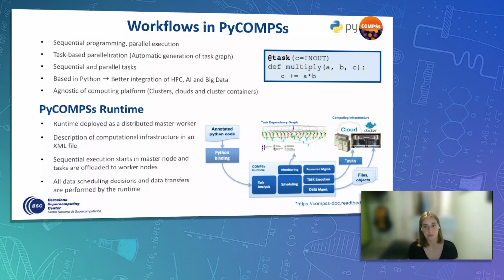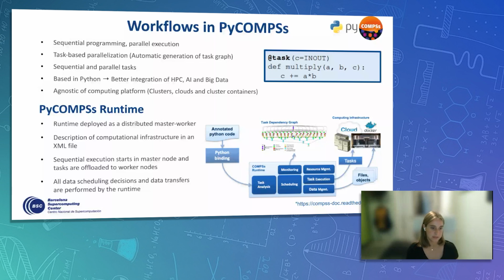This allows us to have parallelized code that takes advantage of having many more resources than just a regular laptop. It's based in Python, and it's good for integration of HPC, AI, and big data. And it's an agnostic computation platform, which means that we can use it in clusters, clouds, and containers.